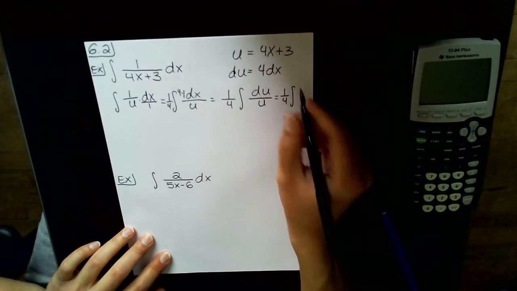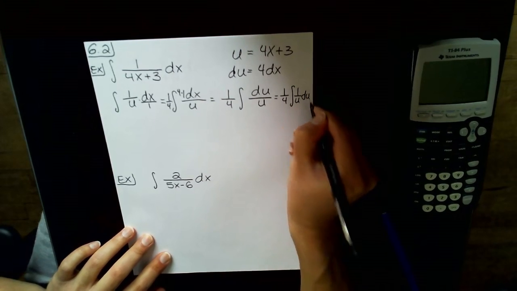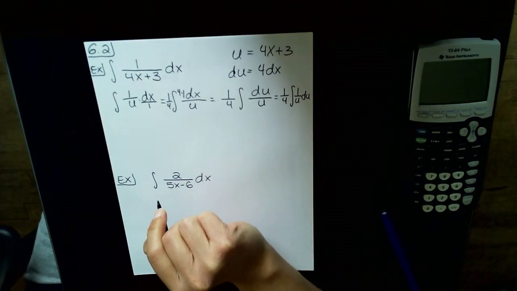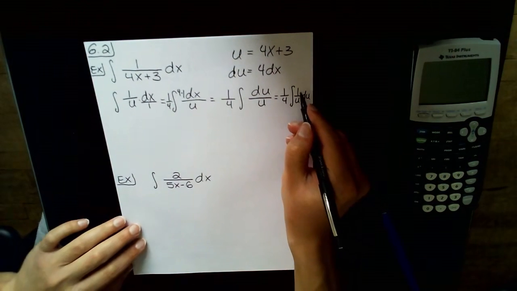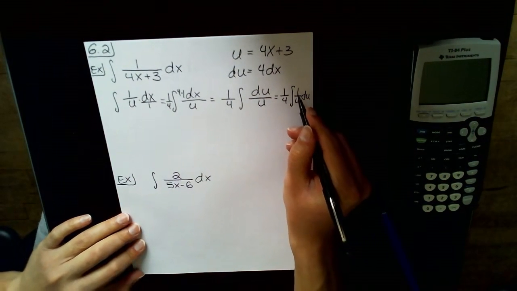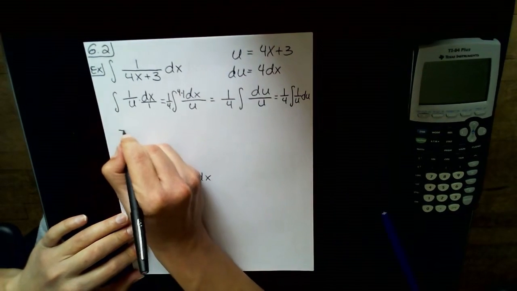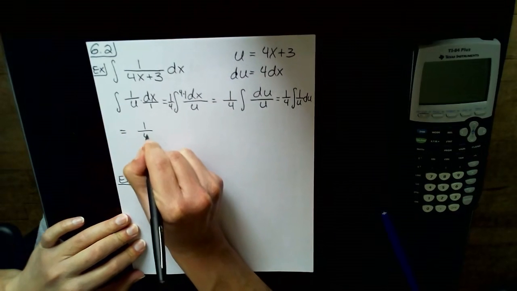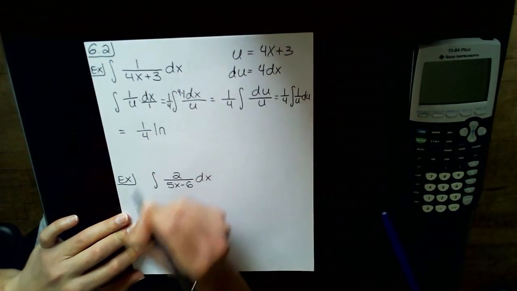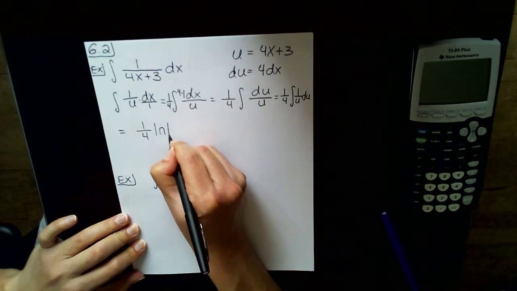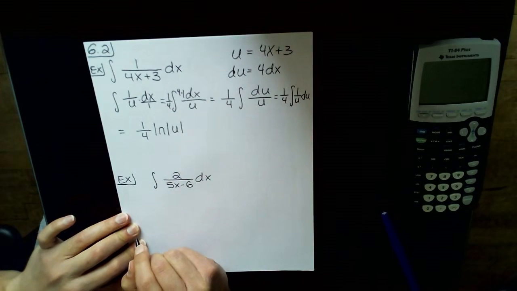du over u is the same thing as 1 over u du. And now hopefully you can see that the integral of 1 over u, meaning what did we take the derivative of to get 1 over u? We have 1/4 times the natural log of the absolute value of u.